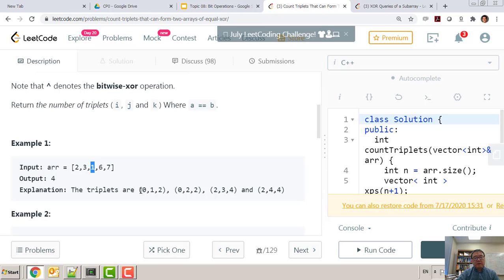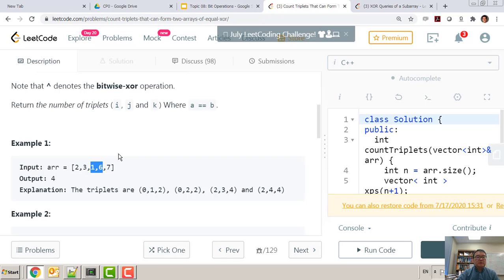So these are these 2, and then 2, 3, 4. These 3 also satisfy the condition. 6 XOR 7 gives us 1, and that equals 1, and also 1 XOR 6 gives us 7, which equals 7. So if you want, you can pause the video and think about it a little bit.